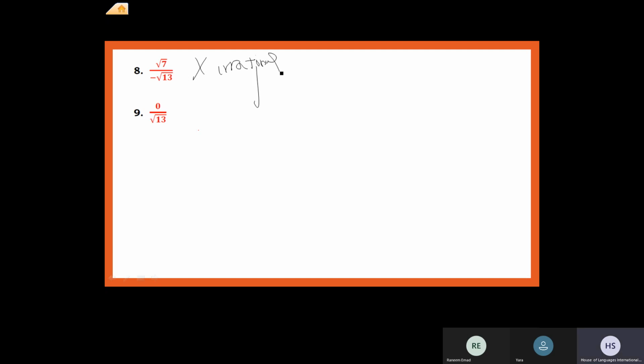Now here, 0. If they are square root of 7 over negative square root of 7, the answer is negative 1. So it will be rational. Now, 0 over square root of 13. 0. And it will be rational.